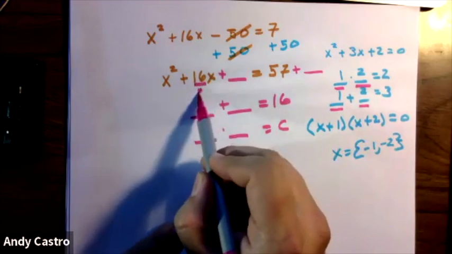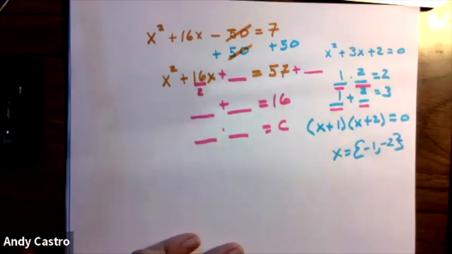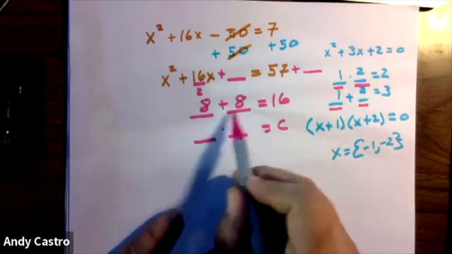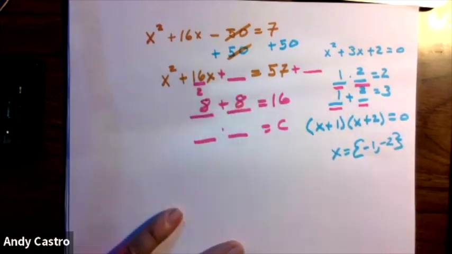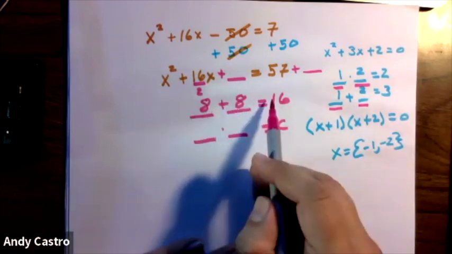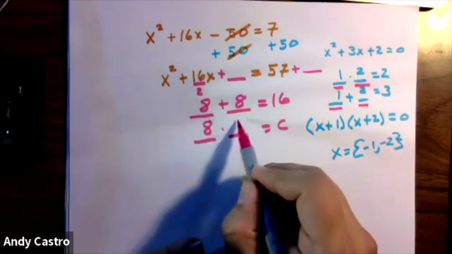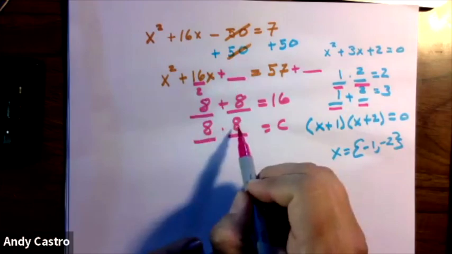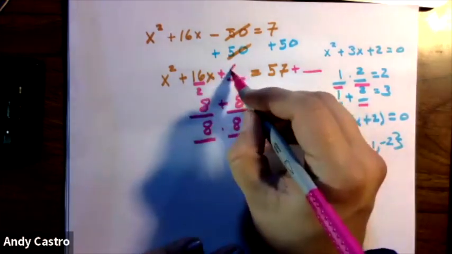So that's why we take this 16 and we divide it by 2. Because that gives us two numbers identical to each other that add together to give me that 16. And if I'm adding the 8 and 8 to get 16, then I have to multiply the 8 and 8 to get this number. If I multiply 8 times 8, I get 64.